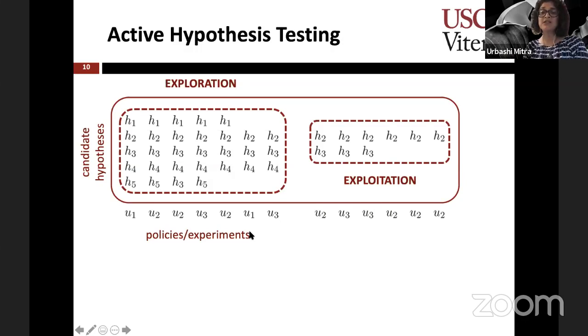I'm not going to get into too much of the details of that, but just recognize that exploration strategies are often different from exploitation strategies. The other point that I want to make here is my choosing U3 at this point in time is a function of all of the observations that I've made through U1, U2 previously, and they're informing what I'm going to do next, hence the use of this term active.